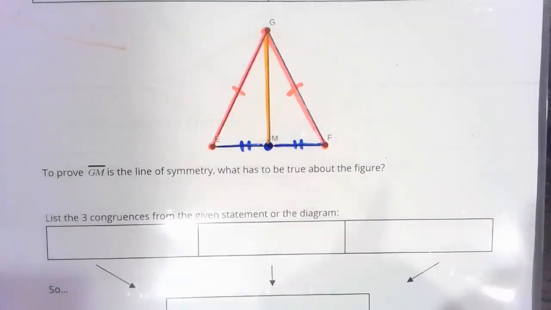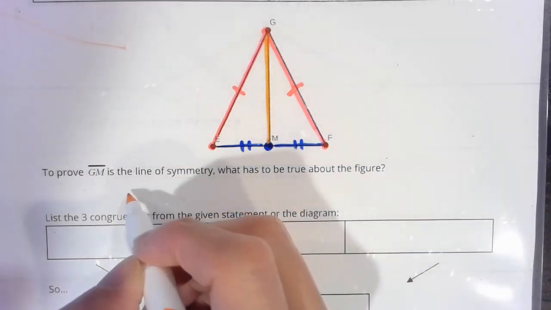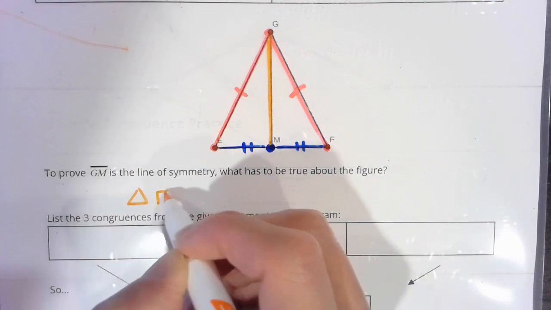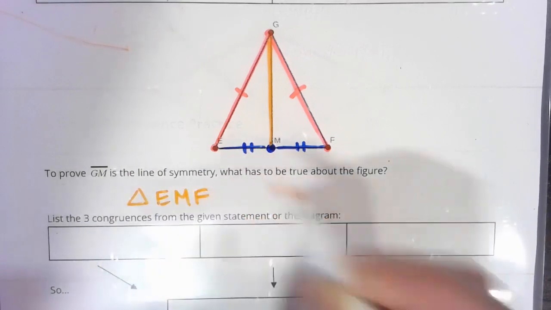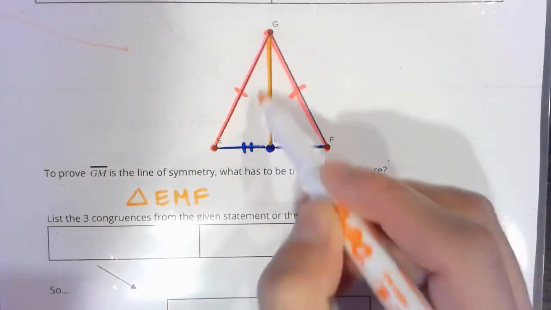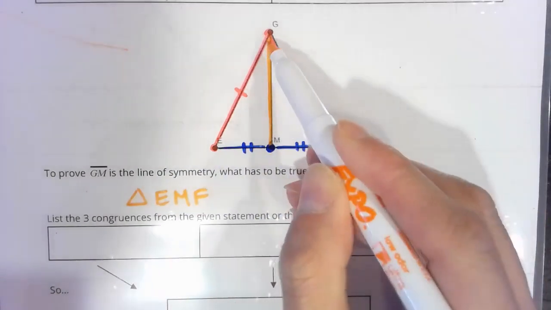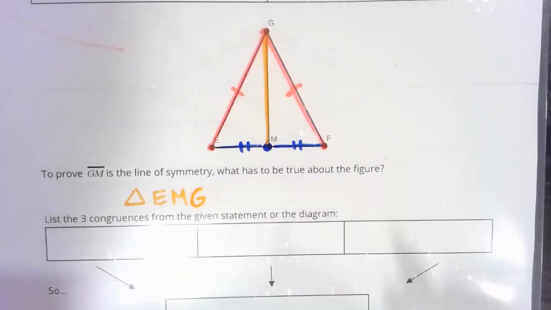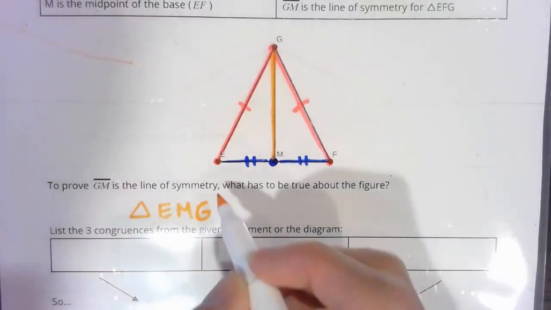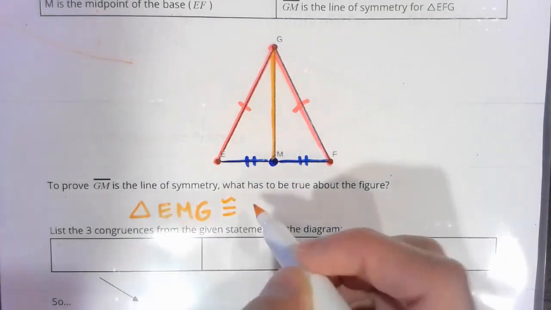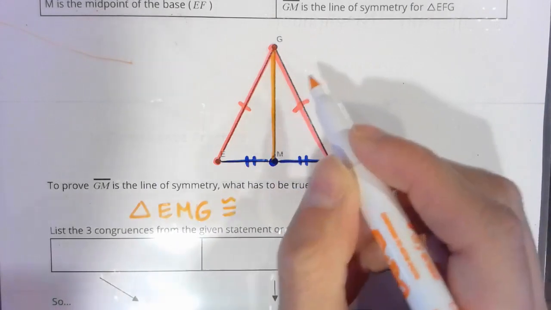So if this is a line of symmetry, I know that triangle EMG, that's this triangle on the left, has to be congruent to the triangle on the right.